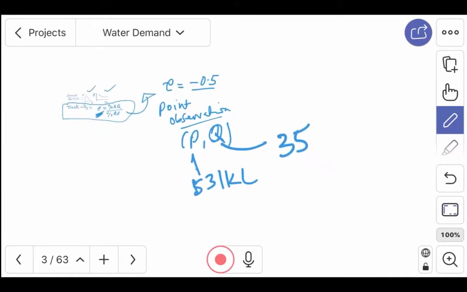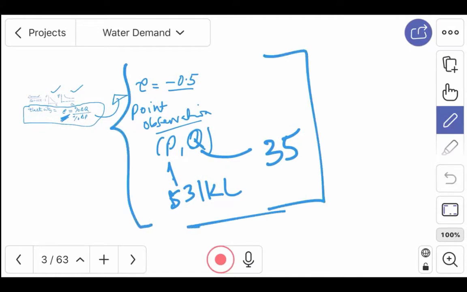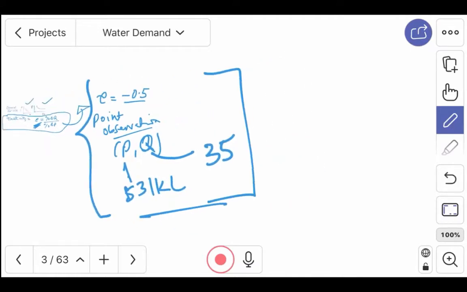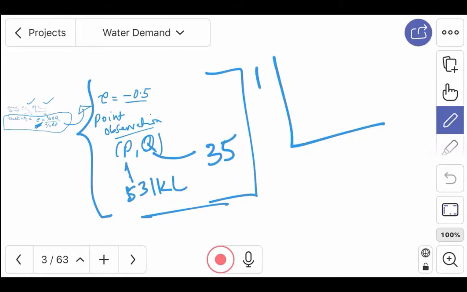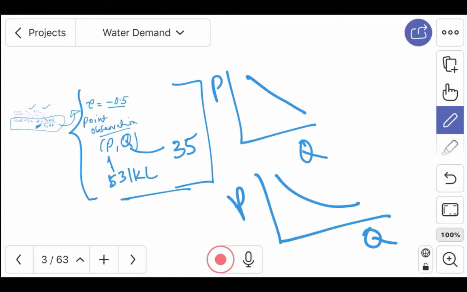So the whole idea of the point expansion is using this limited information and working your way back to a demand function. But then you need to assume whether the demand function is linear or something else. Well, at least we have figured there are 2 forms where you can just combine these 2 points and make a demand curve.